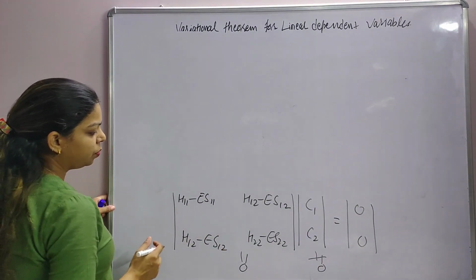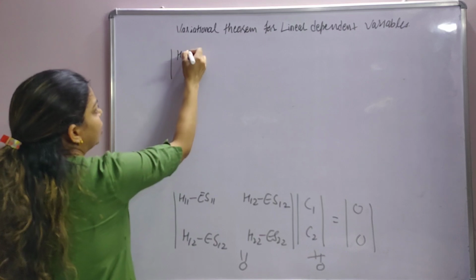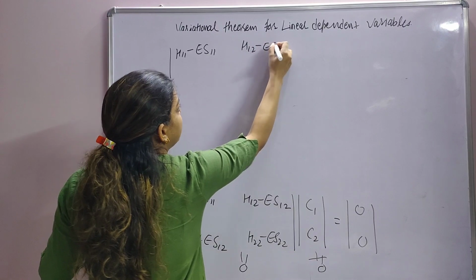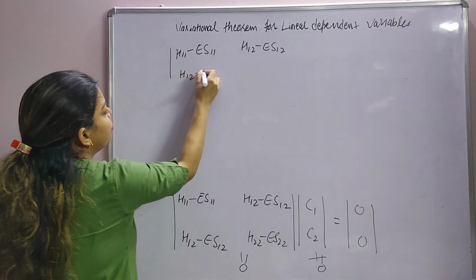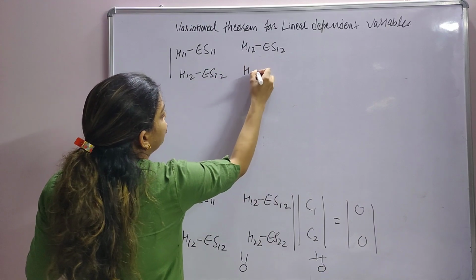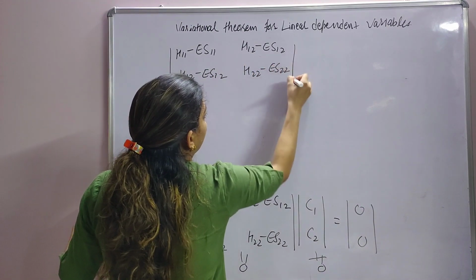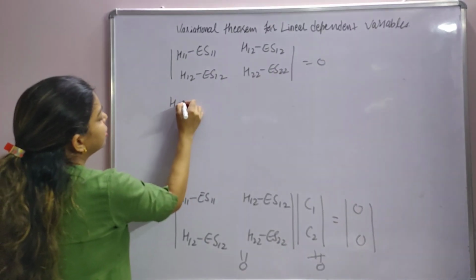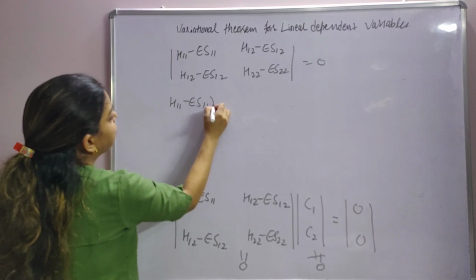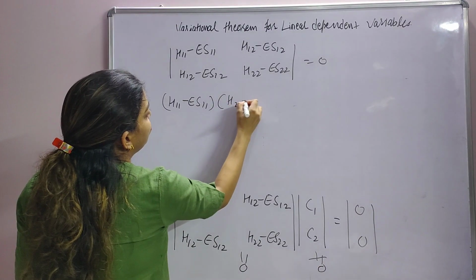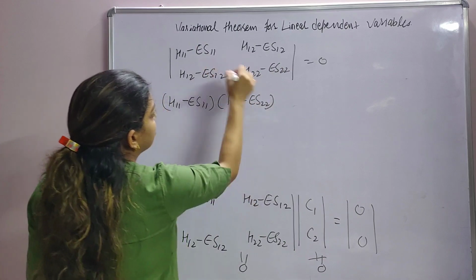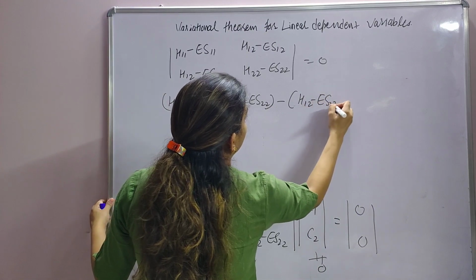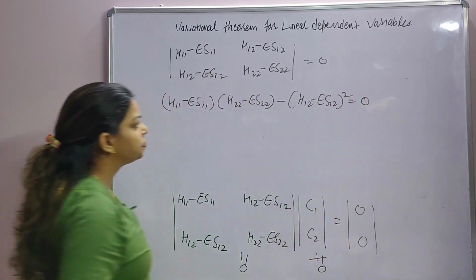Let's solve it. This is H11 minus ES11, H12 minus ES12, H12 minus ES12, H22 minus ES22 is equal to 0. So I can just solve it. It will be H11 minus ES11 times H22 minus ES22, minus H12 minus ES12 square is equal to 0.